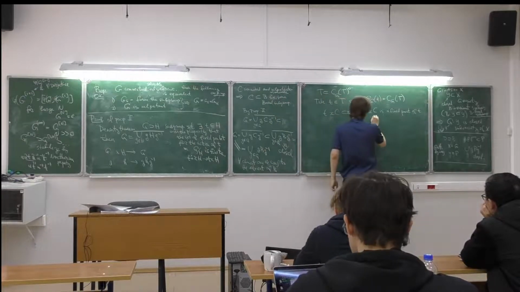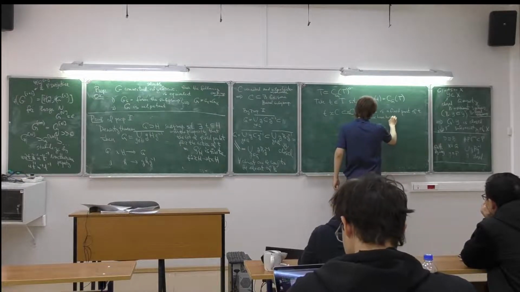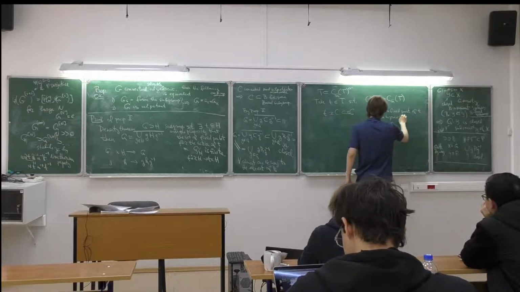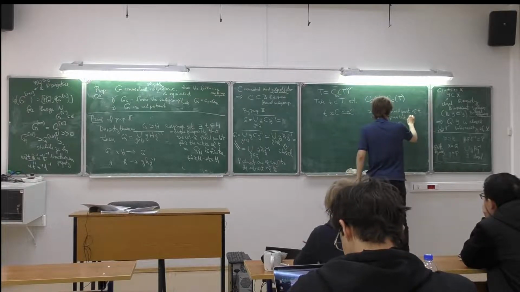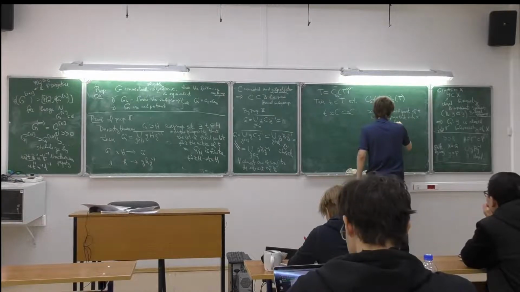So we have to prove that such cosets form a finite set. So we have to prove that such x form a finite set.